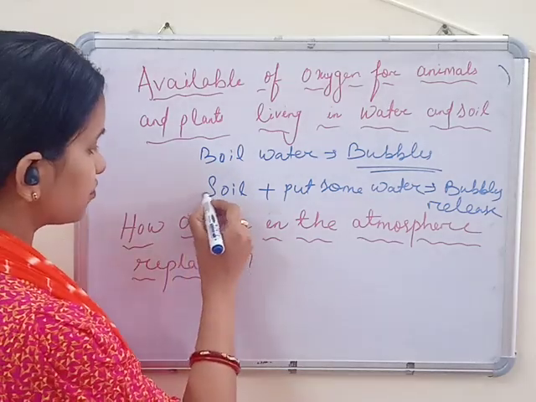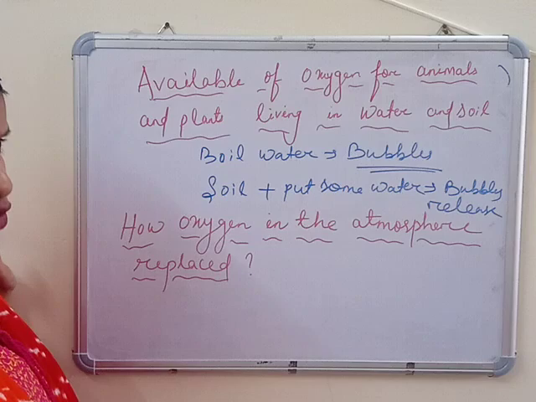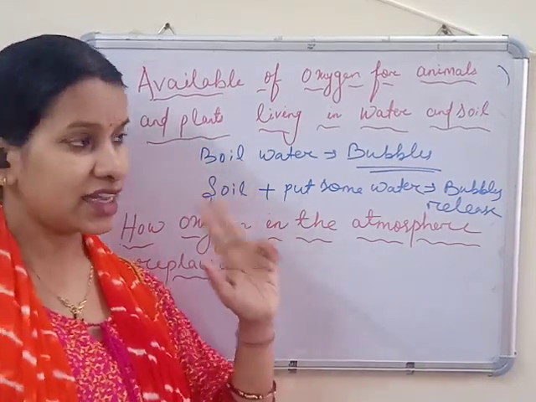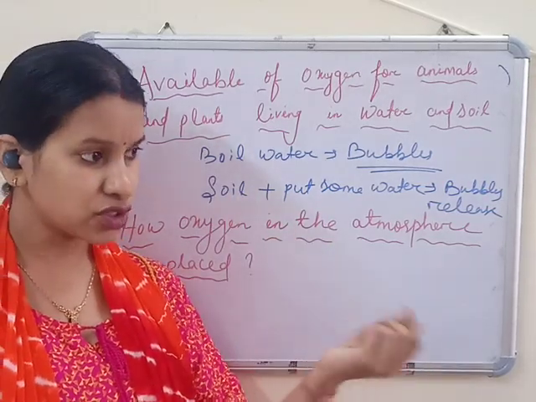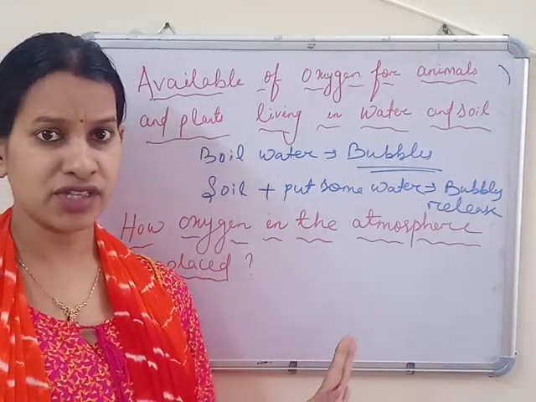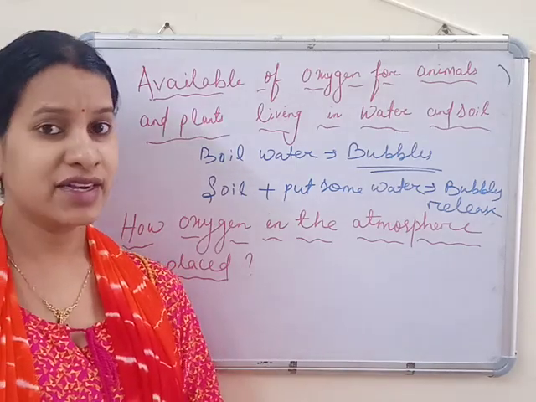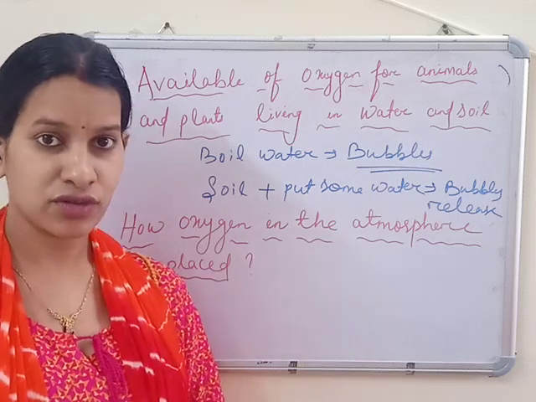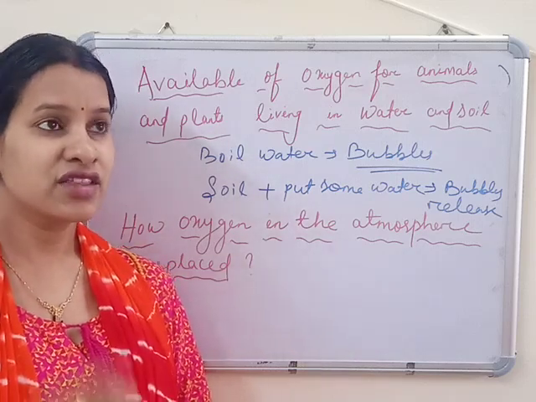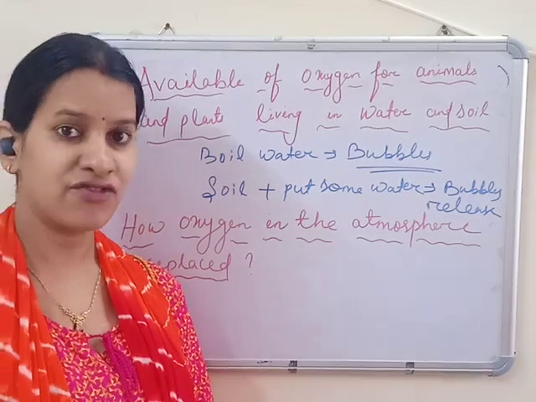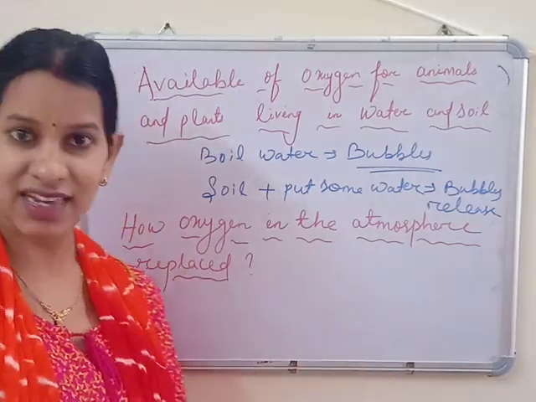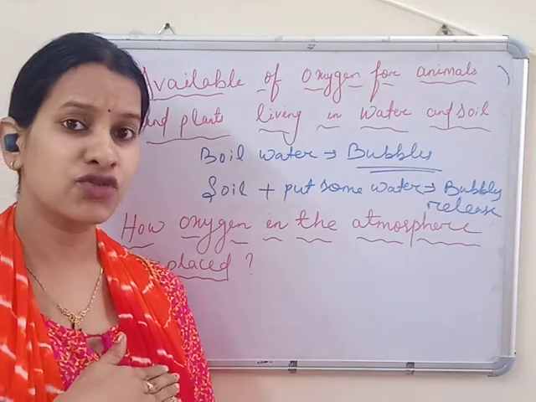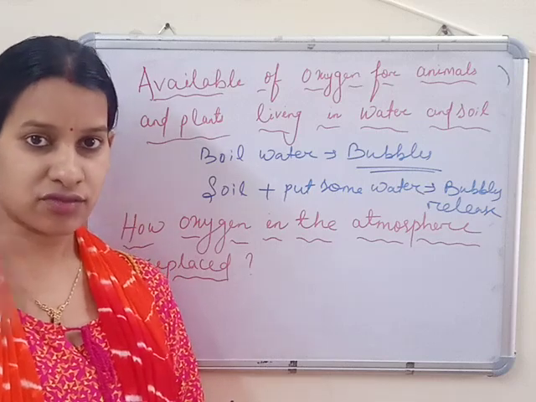There are different varieties of organisms living inside the soil, and in heavy rainfall you will find that earthworms come out. You are not able to see the earthworms normally, they are inside the soil, but during heavy rainfall the earthworm comes out onto the surface. Why? When there is heavy rainfall, the soil becomes clayey. More water means less air, as the air is released to the atmosphere in bubble form.